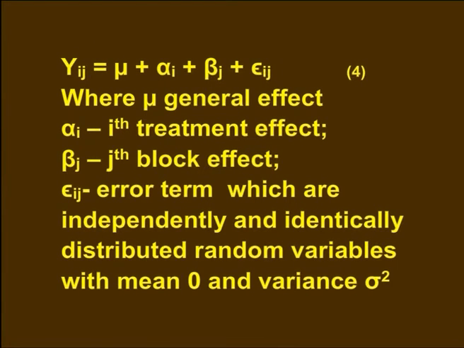So, we define the model as Yij is equal to mu plus alpha i plus beta j plus epsilon ij, where mu is the general effect, alpha i is the ith treatment effect, beta j is the jth block effect, and epsilon ij is the error term, which are independently and identically distributed random variables with mean 0 and variance sigma square.